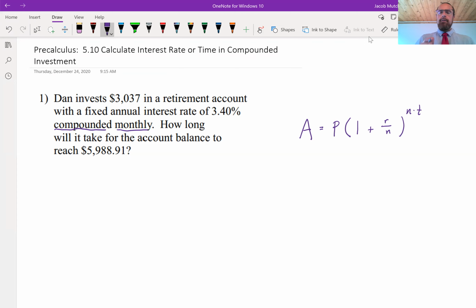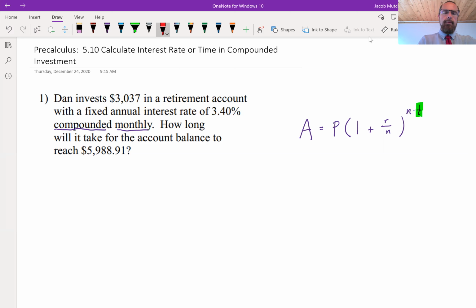So let's fill in our equation with the information that we have, keeping in mind that what we're looking for ultimately is the time. So I do need to fill in for the principal, the future value, the interest rate, and the n value. How many times is the interest compounded each year? So we'll fill in with these values.